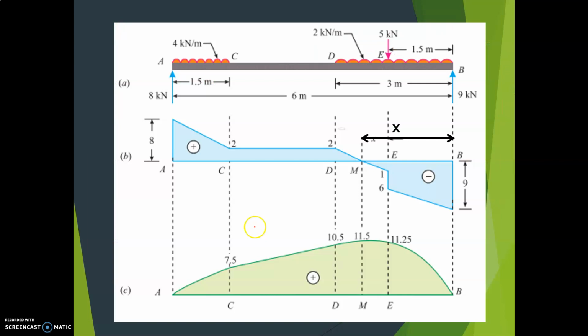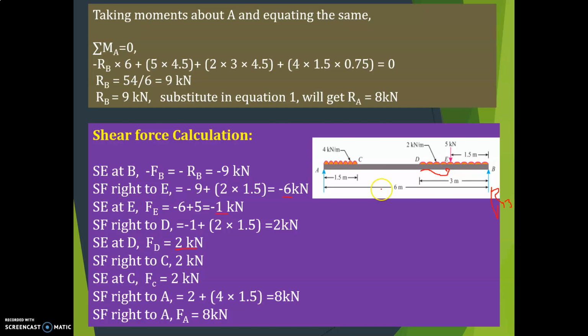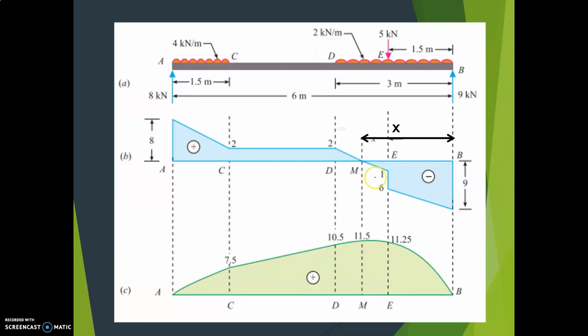Now you draw the diagram. How to draw? Shear force at B, we know it is minus 9 kilonewton, so below the line. Then right of E, it is minus 6. Then at E it is minus 1.